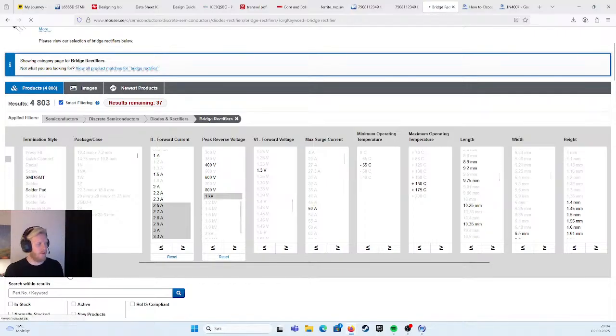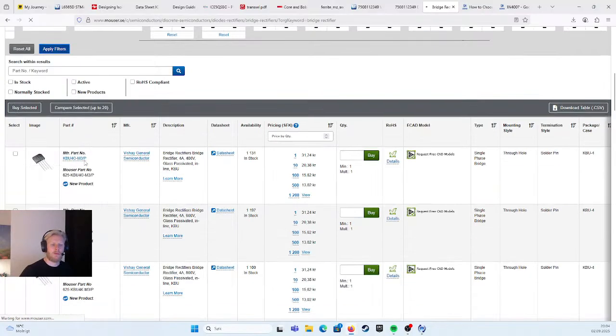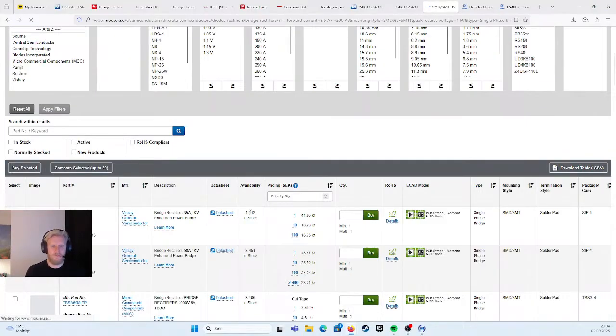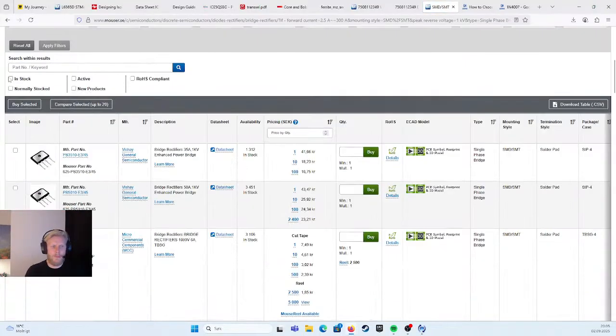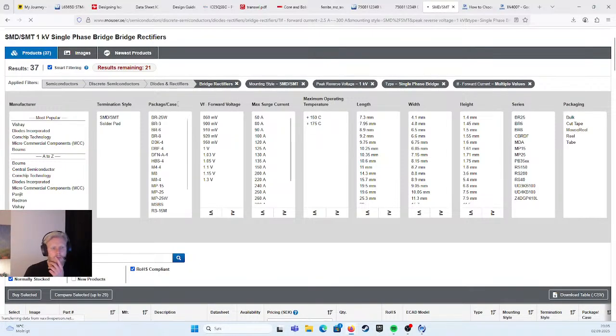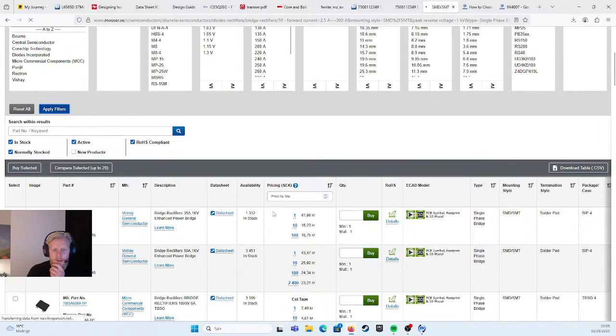Okay, let's see what we have with that. KBU4G, M3P. $21 we get in the end.